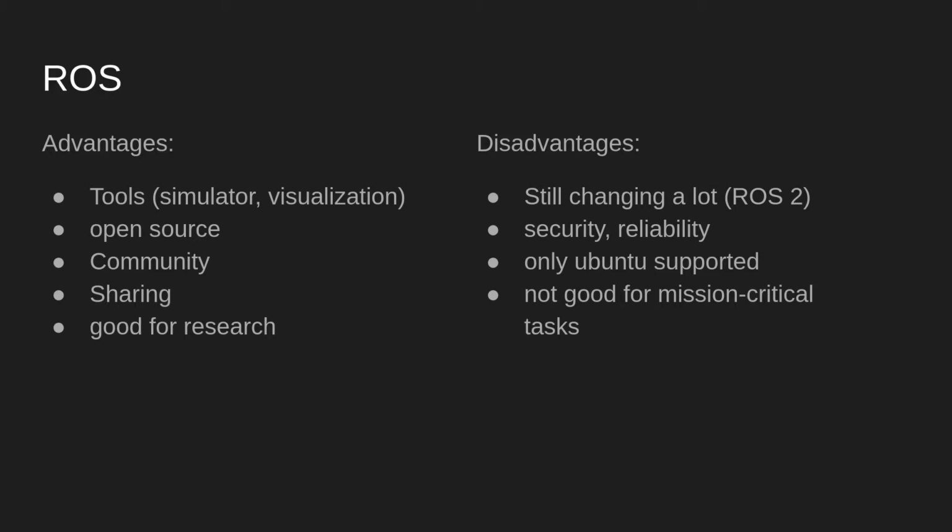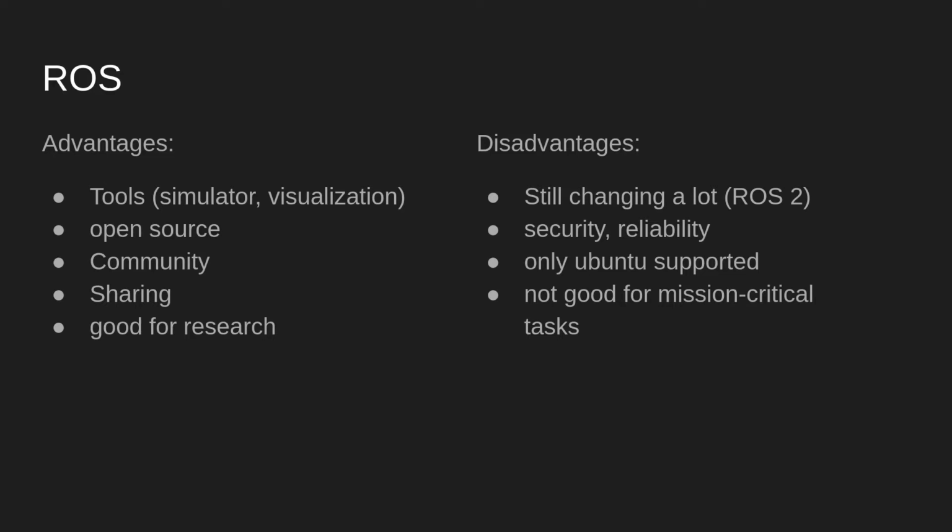Some of the other disadvantages are security and reliability. ROS wasn't really designed with security and reliability in mind. So if there's a chance that people may hack into your robot, ROS might not be the best option. Another thing is that ROS only supports Ubuntu.